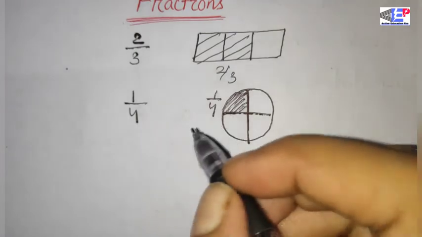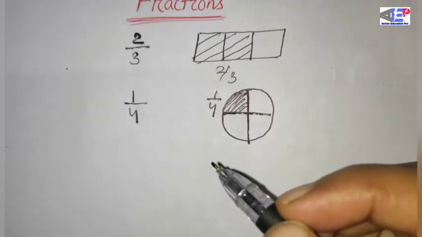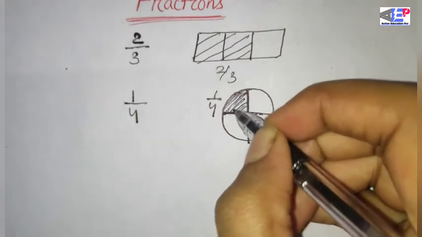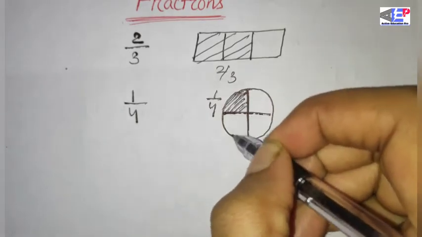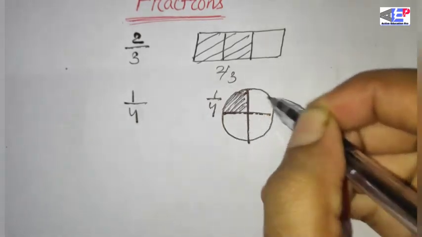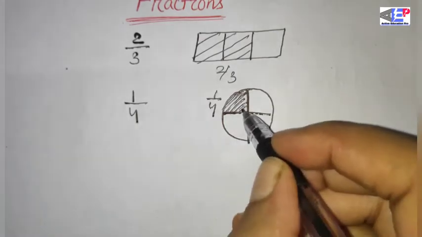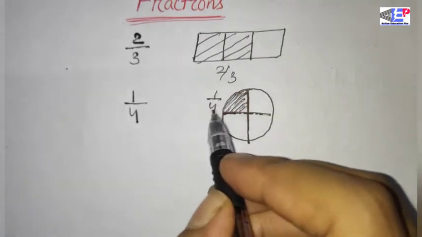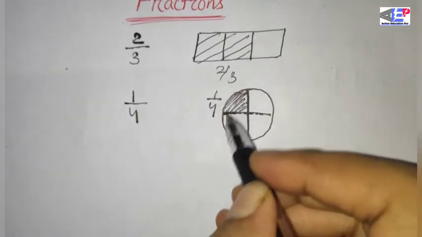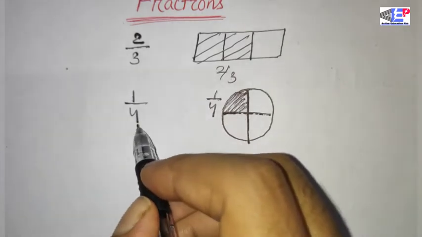Fractions mean a part of a whole. Of this whole, 1 is a part. We divide this whole into 4 equal parts, and one of these 4 parts is this area. It is a fractional number, 1 by 4.